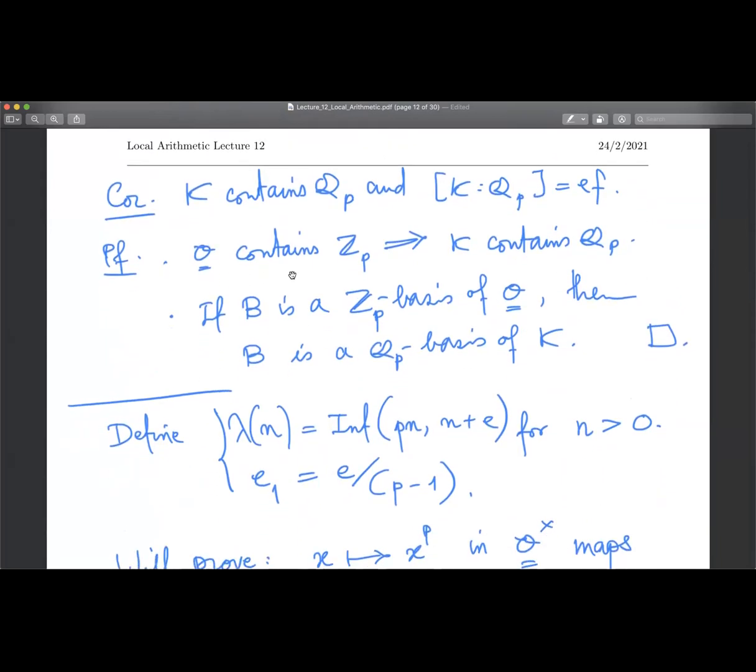So the corollary is that K contains Q_p. That's because O contains Z_p. And the dimension, or the rank, or it's actually called the degree of K over Q_p is equal to e times f.